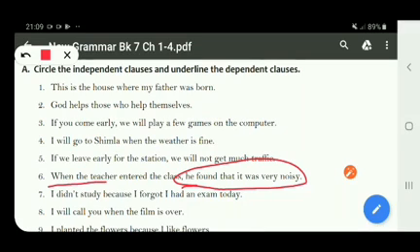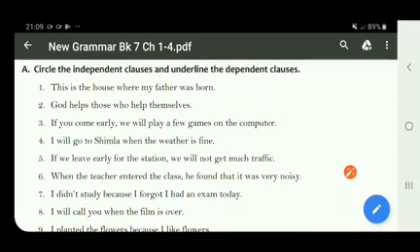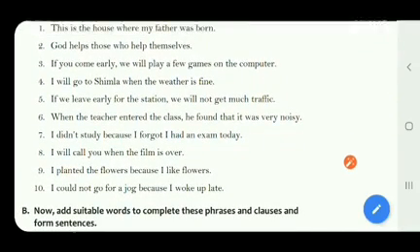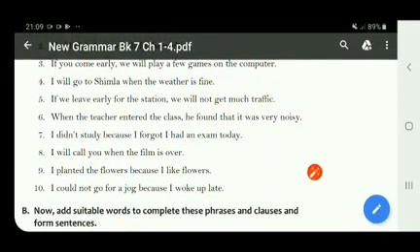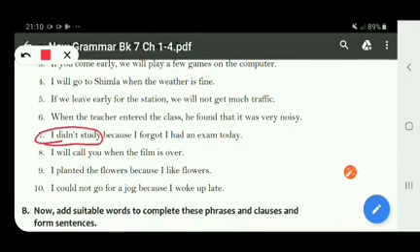When the teacher entered the class is the dependent clause. Seventh one, I didn't study because I forgot I had an exam today. I didn't study is the independent clause.